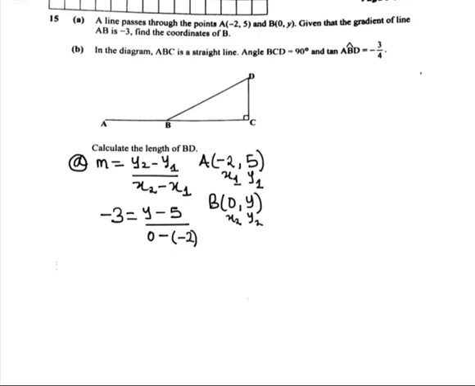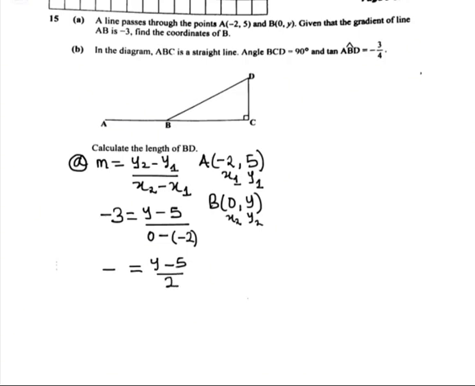Now on the denominator, 0 minus negative 2. Negative times negative gives us positive, so 0 plus 2 will give us 2. So on the right side we have y minus 5 over 2.